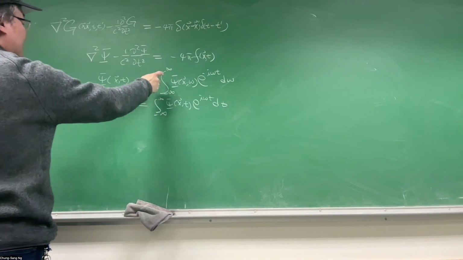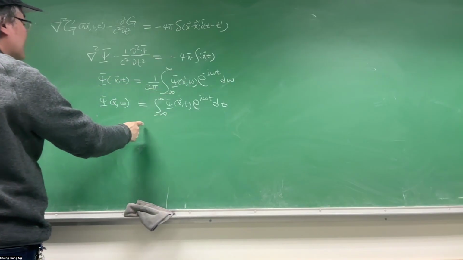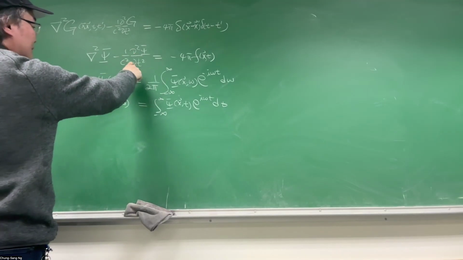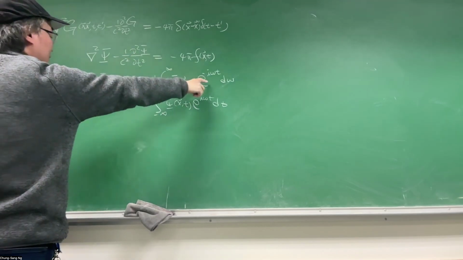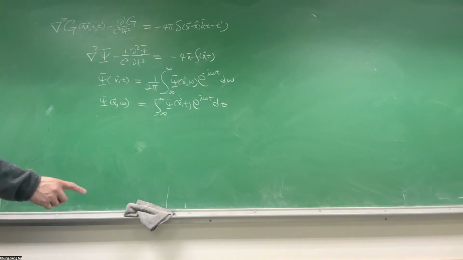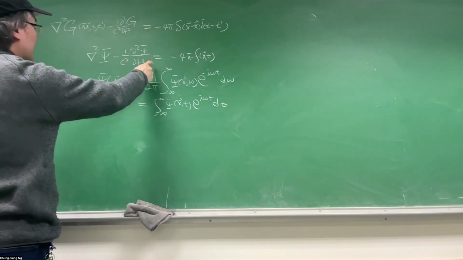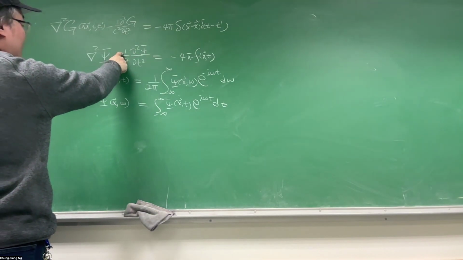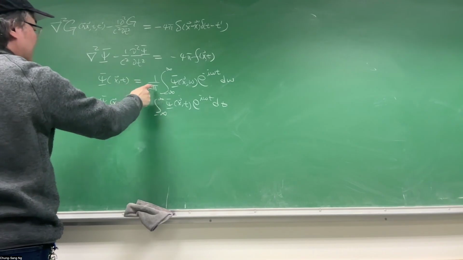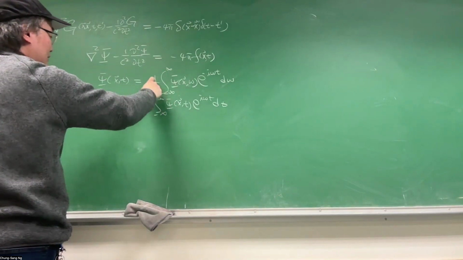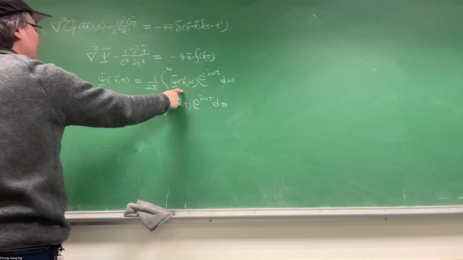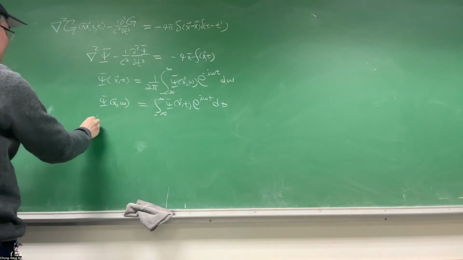You can either apply the operator on every term, or you substitute this into here, and the second time derivative only operates on this exponential function and pulls out minus i omega squared, which is minus omega squared. Then that becomes a plus omega squared over c squared, and every term has this integration divided by 2 pi. So you take out just the integrand, and the integrand will satisfy this equation.